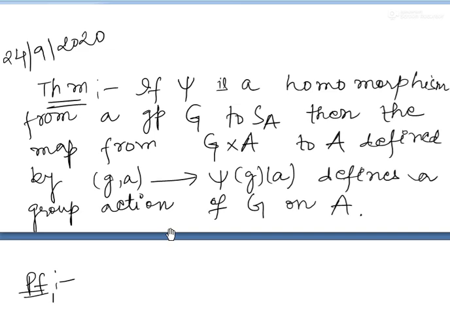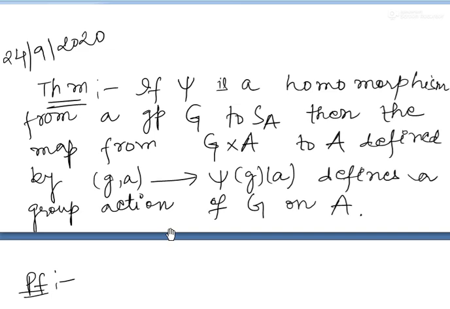Here we have to show the converse: if there is a homomorphism from G to SA, then associated to that homomorphism there is a group action.